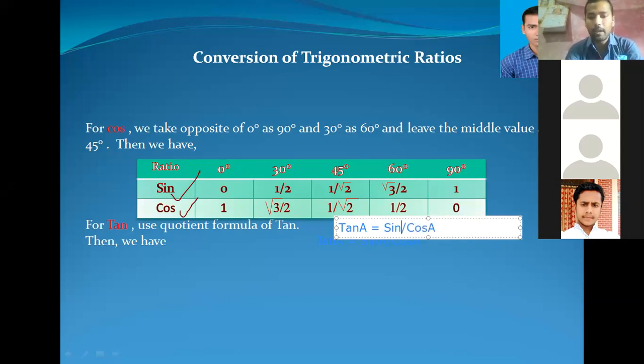No other. So don't bother about finding the values of tan theta. You need only to find the value of sine. After finding the value of sine, you can automatically find the other values too. Is it okay? Yes, sir.